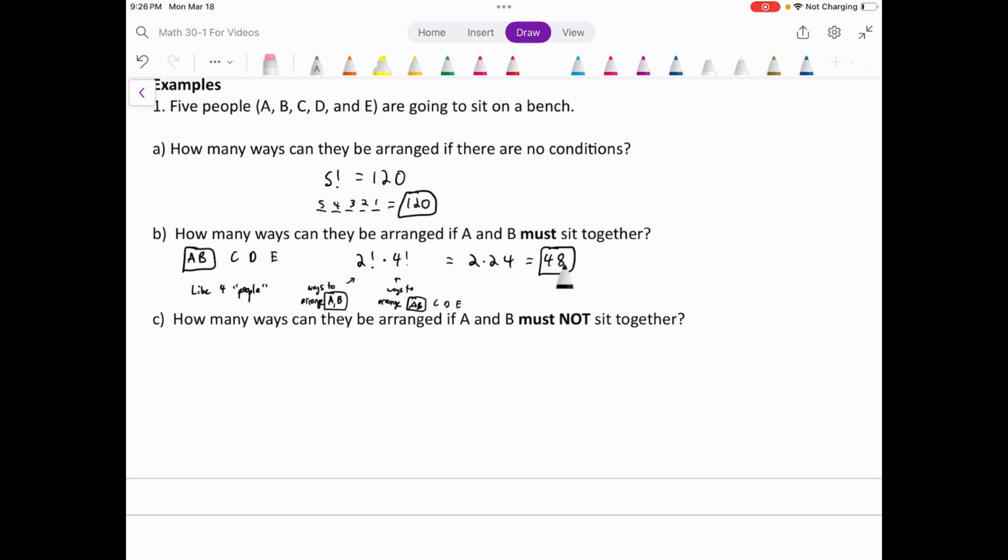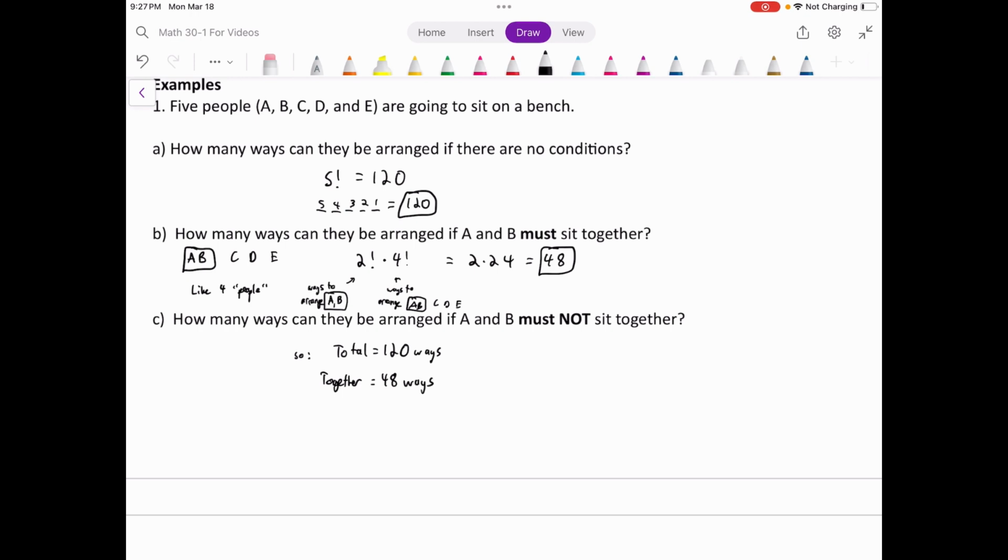There's 48 of them. So if there's 120 ways total for them to be sitting, and in 48 of those ways they are sitting together, how many ways are they not sitting together? Well, take 120, the total possible ways, and subtract off all the ones where they are sitting together. So again, the total is 120. Together, there's 48 ways they could be sitting together.